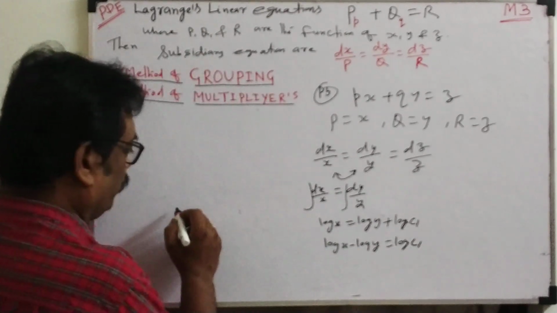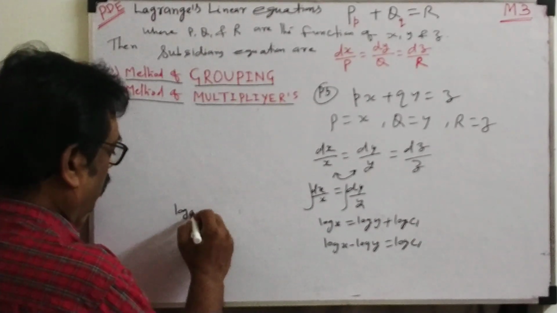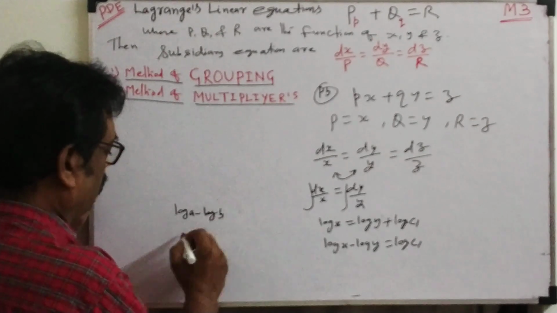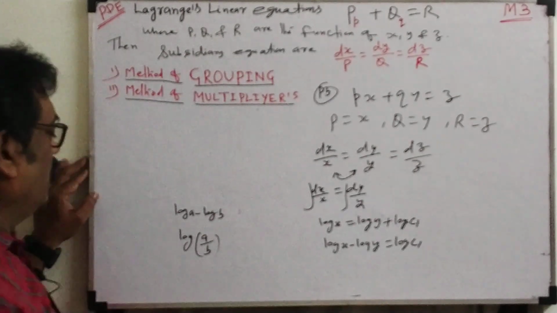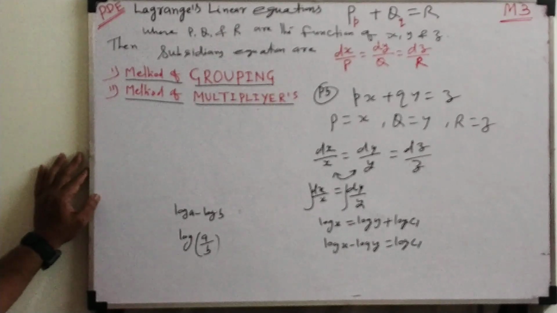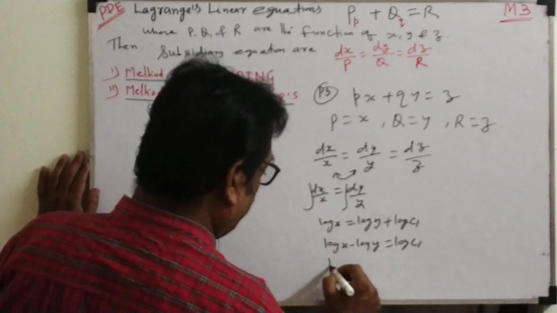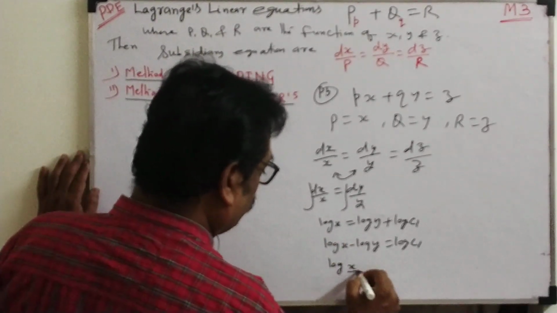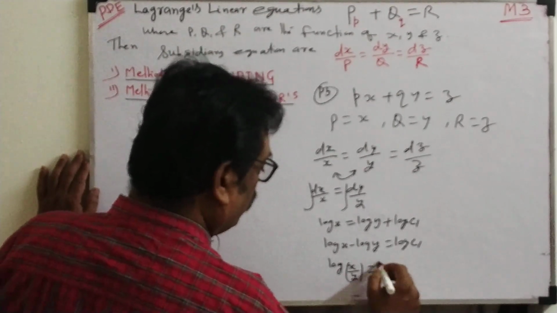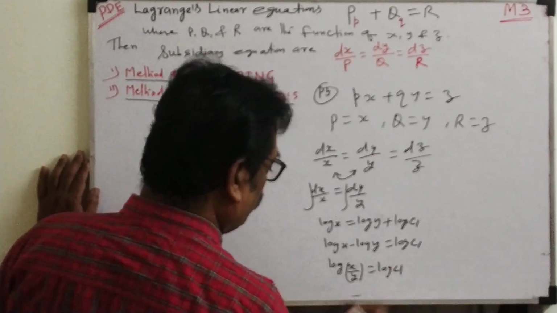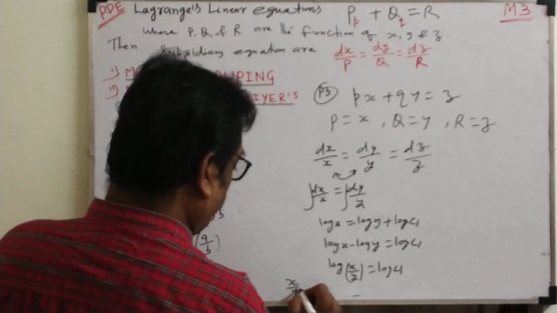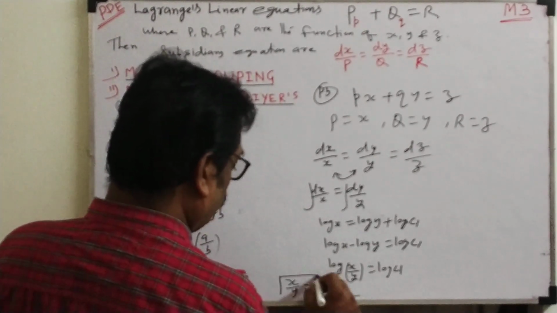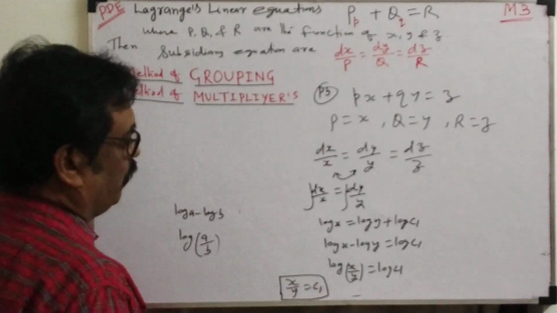The formula is: log a minus log b is equal to log a by b. Similarly we can write log x by y equal to log c1. Then finally x by y equal to c1. So keep this first one over.